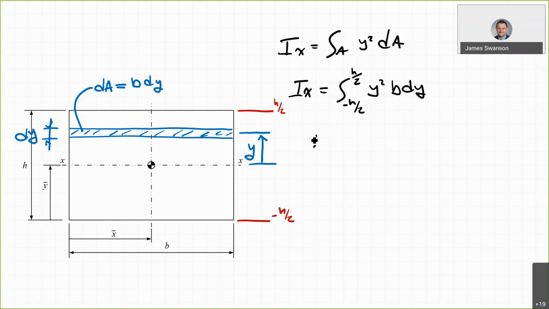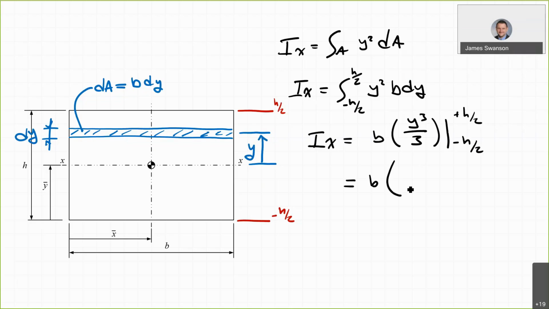Okay, so we can do the integration here. I sub x is equal to, b comes out in front. I end up with the integral of y squared, which becomes y cubed over 3, evaluated from our bounds of minus h over 2 to a positive h over 2. If we expand that, we end up with b times the quantity: h over 2 cubed is h cubed over 8, and then a minus h cubed over 8.